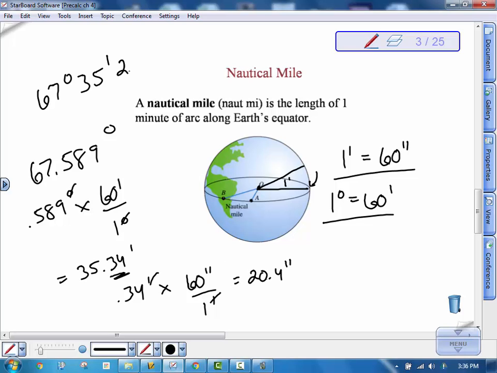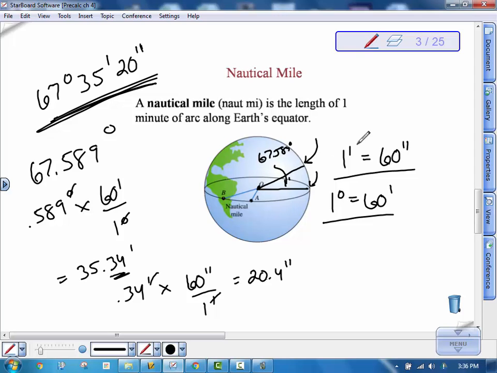So we'll just add 20 seconds on there. I know it's technically 0.4, but I'm going to round down for our purposes. So if I have an angle of 67.589 degrees, that's equivalent to 67 degrees, 35 minutes, and 20 seconds. And that's what we'll use to describe then this location right there if this angle is 67.589 degrees.